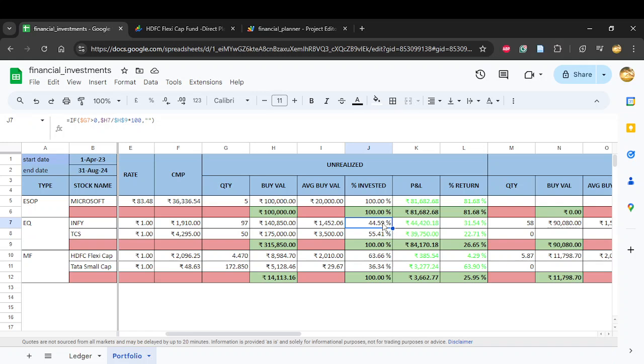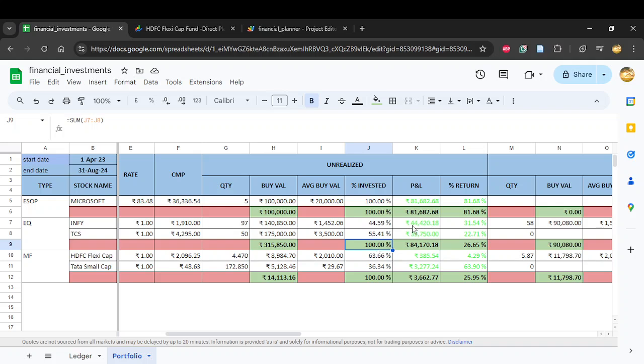It is simply the buy value divided by the total amount that is invested into each of these categories of ESOP, equity, and mutual funds. So the sum of these individual categories has to add up to 100.